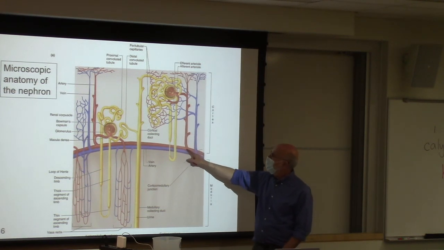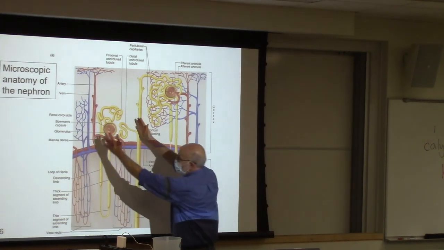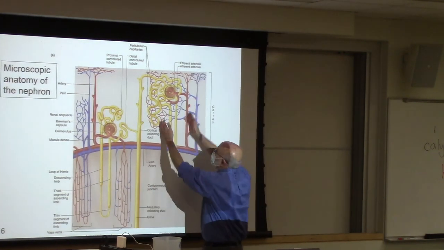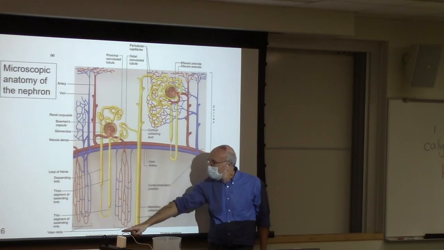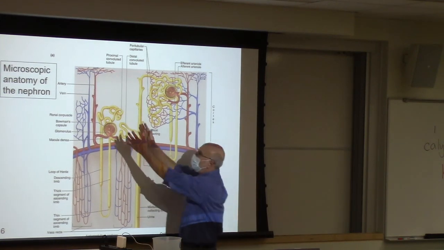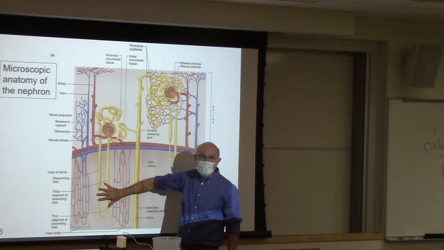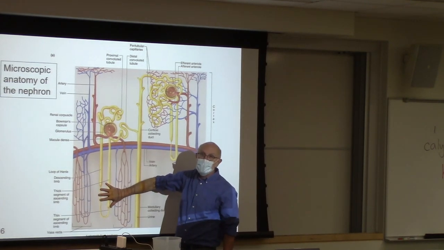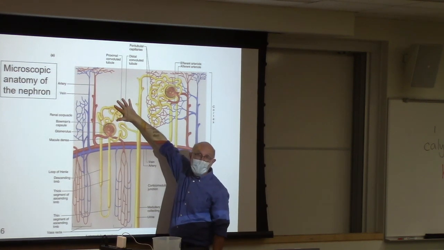There's two nephrons being shown here. Here is one nephron, and here is another nephron. This nephron has a name, it's called a juxtamedullary nephron. It's this type of nephron that goes deep from the cortex into the medulla. So this is the cortex, the outer layer.